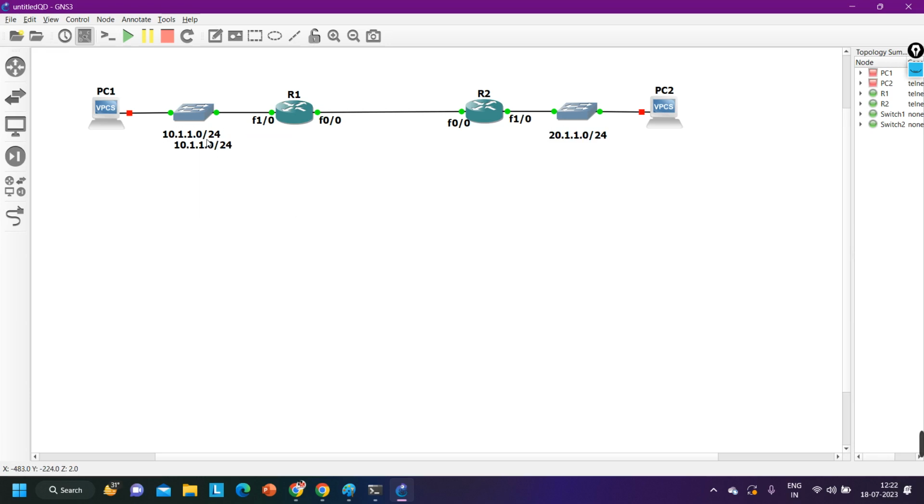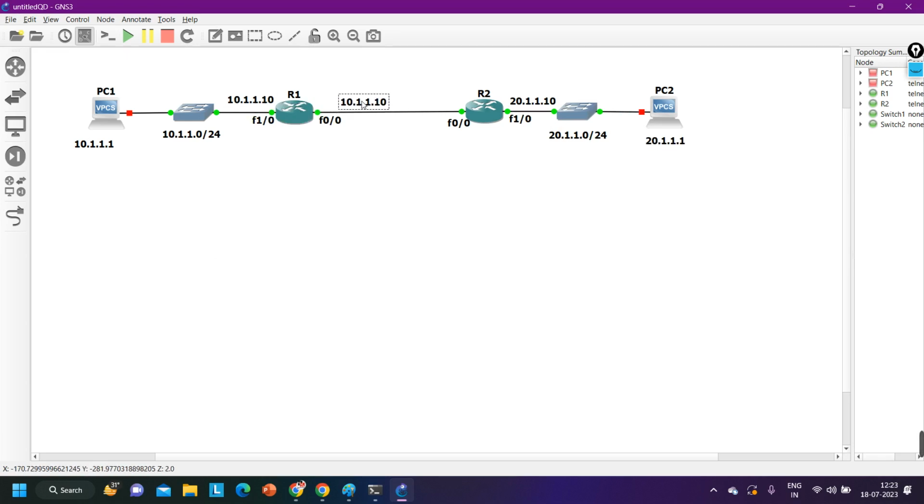The IP address of this PC is, let's say, 10.1.1.1, and the gateway IP address, meaning the router interface IP address, is, let's say, 10.1.1.10. Here on this side the router gateway IP address is 20.1.1.10, and the IP address of PC2 is, let's say, 20.1.1.1. Done, guys.